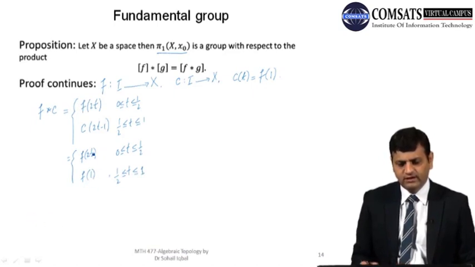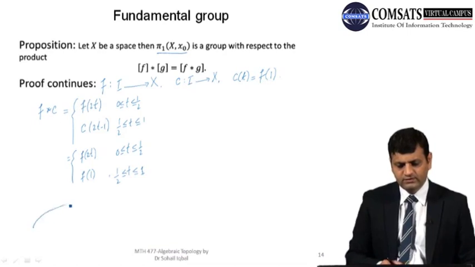So if this is f and this is the constant function c, with constant value always f of 1, then when I take f star c, first I move along f, and for the values of t between 1/2 and 1, I'm at this point.